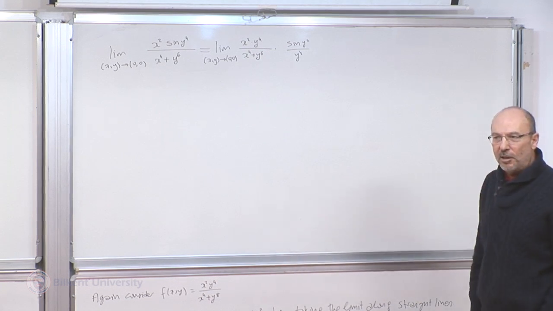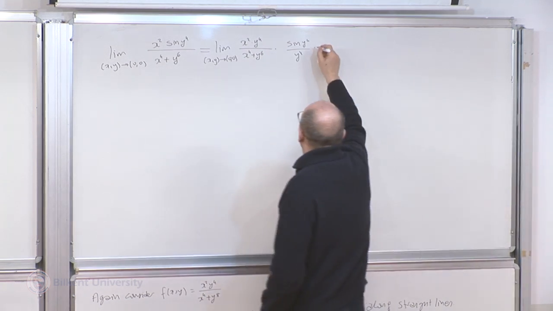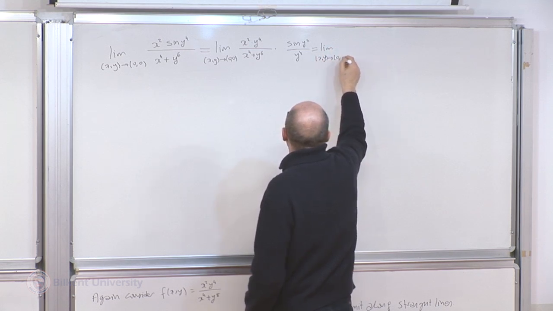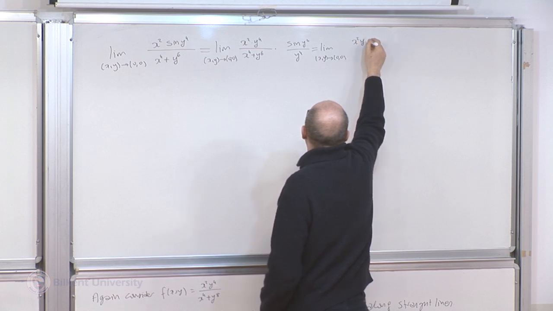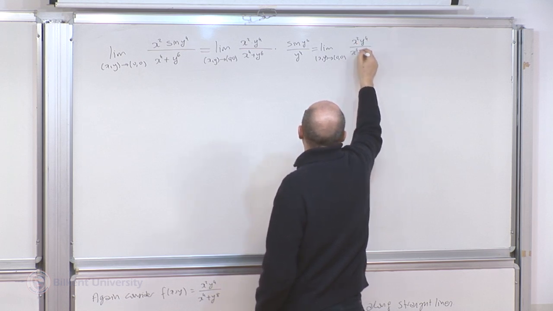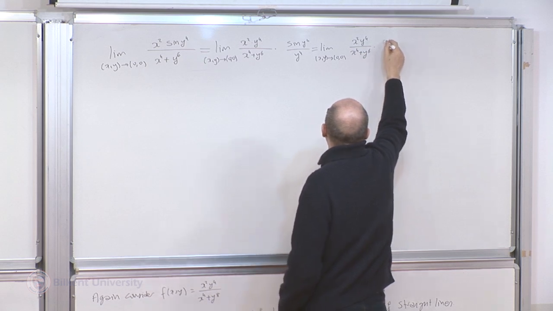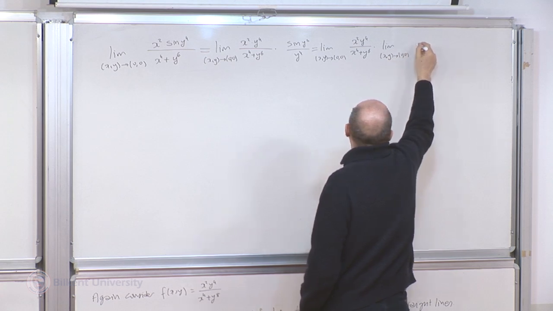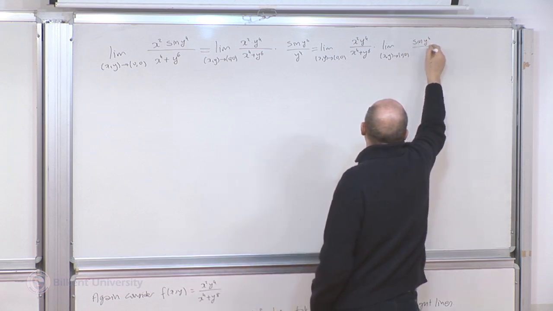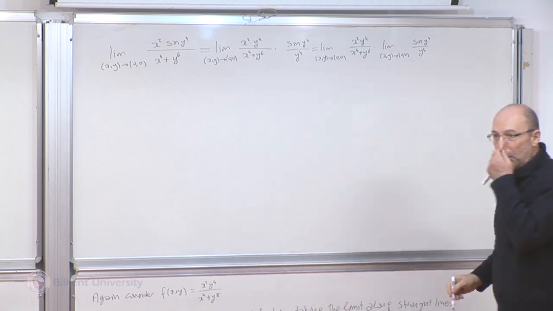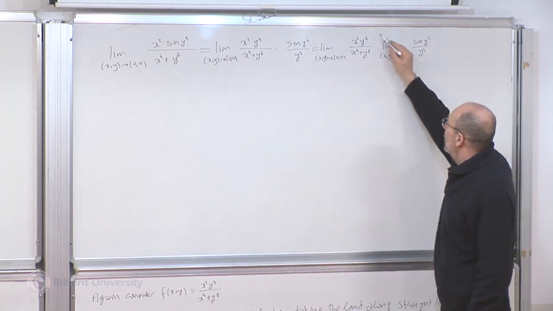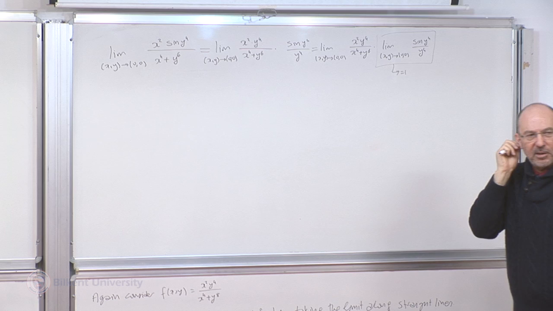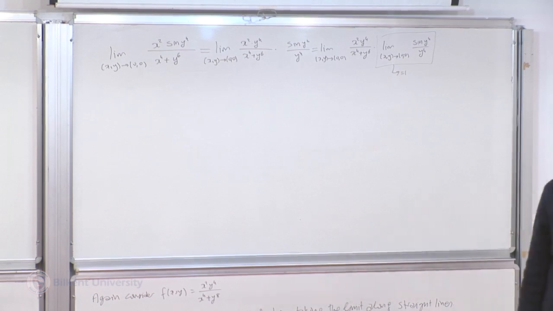Now you see life is easy because we have a product of limits. So this is the limit of x squared y to the 4 over x to the 4 plus y to the 6 times the limit as (x,y) goes to (0,0) of sine y to the 4 over y to the 4. Now we check. This part is easy. This limit is equal to 1. We all know that sine t over t as t goes to 0 is 1.